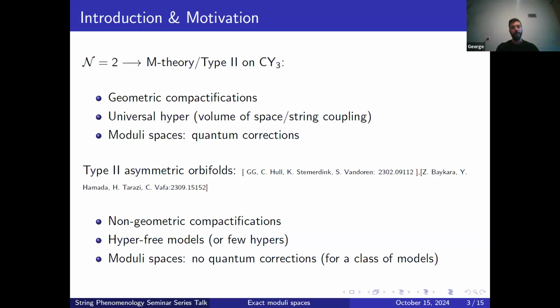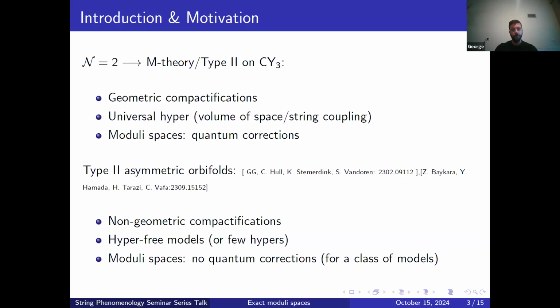These are geometric compactifications, and in the massless spectrum of these models, there exists at least one hypermultiplet, which is usually referred to as the universal hyper. Also, the metric on the moduli space for either the vector multiplets or the hypermultiplets receives quantum corrections. This can be, for example, brane or worldsheet instanton corrections.